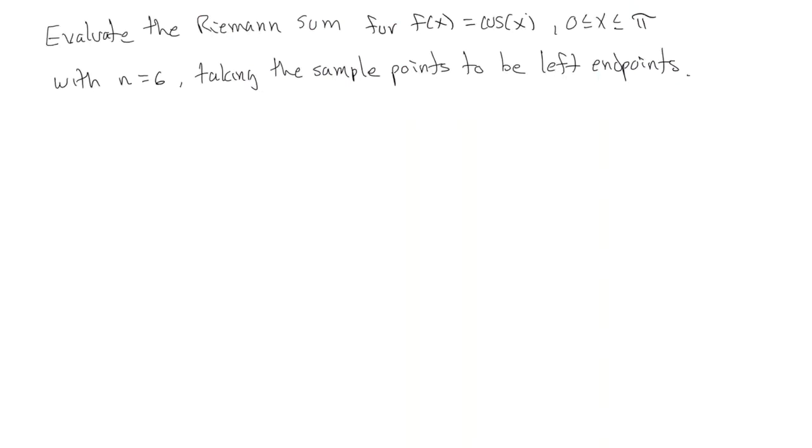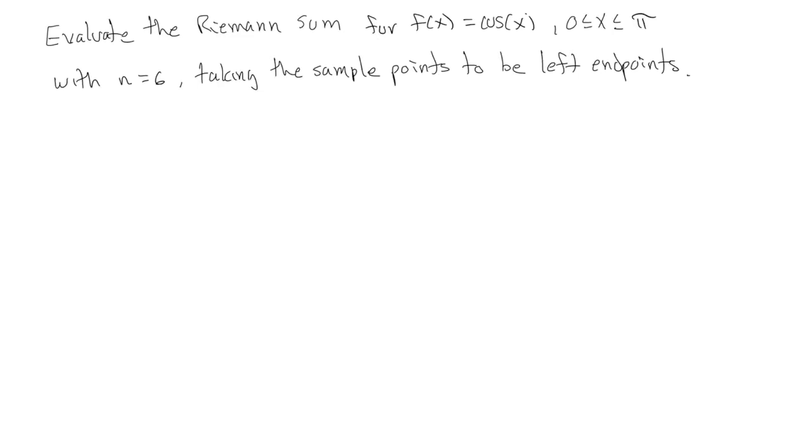All right, so let's start to take a look at a couple examples here where we apply all of the things we have just discussed. In this first example, I want to evaluate the Riemann sum for f of x equals cosine of x from 0 to pi with n equals 6, taking the sample points to be the left endpoints. Now remember, the Riemann sum is in essence all of the approximating rectangles, calculating the area under the curve.